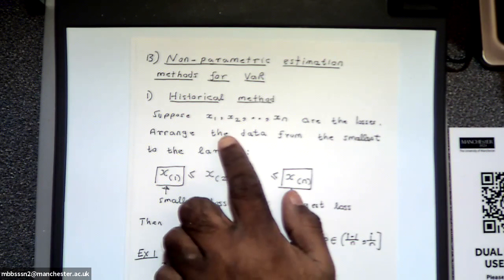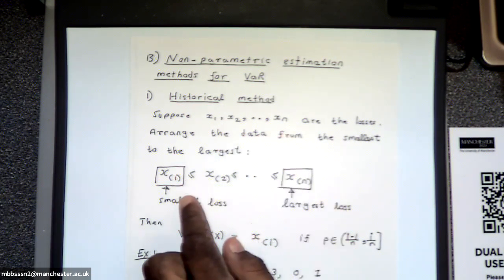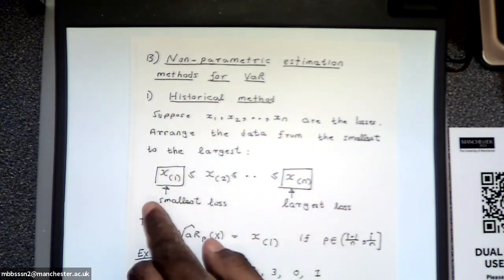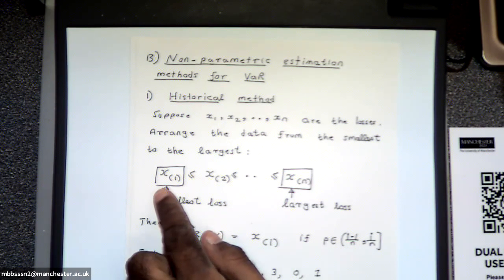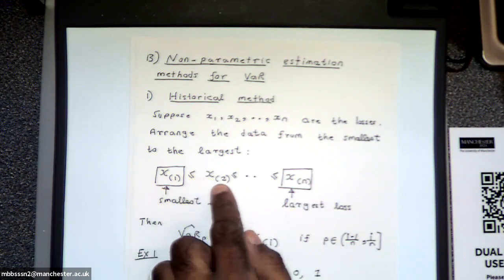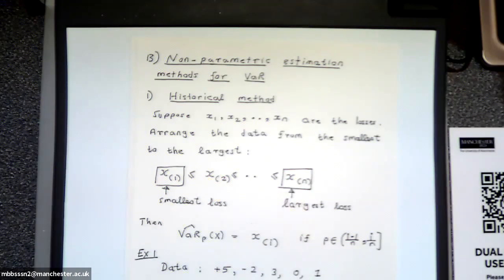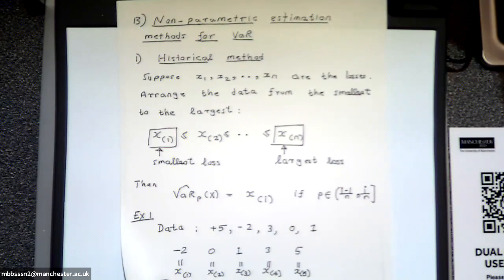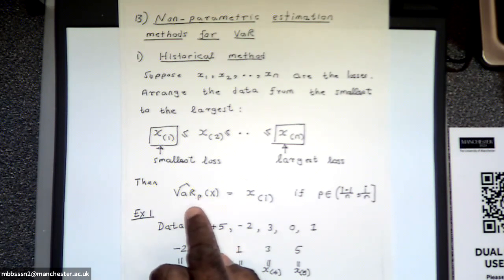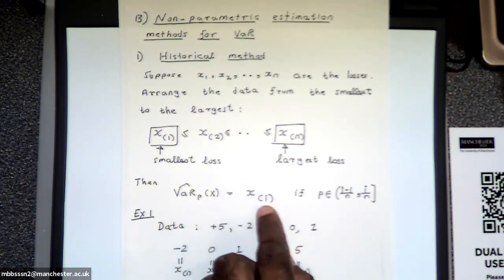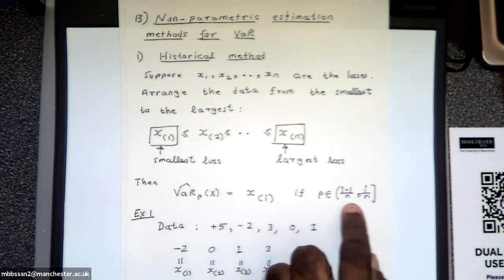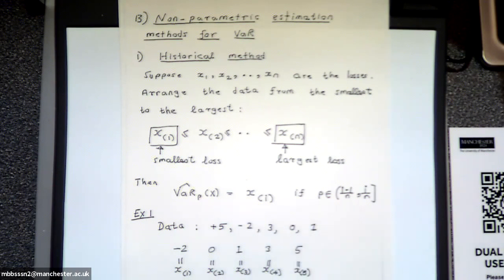What you do is, suppose these are the losses. The first thing you need to do is to arrange the data. So this is the smallest of the losses, second smallest, and this is the largest of the losses. And then the historical estimator for VaR is the ith smallest if P belongs to this interval, right?